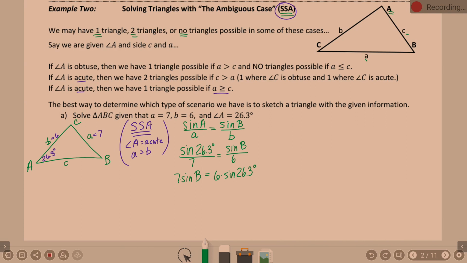What do I do next? Divide by 7, yes. We can't get B by itself quite yet, but get sine of B by itself. So if I get sine of B by itself, I'm going to divide by 7. So sine of angle B is equal to 6 times sine of 26.3 degrees divided by 7.